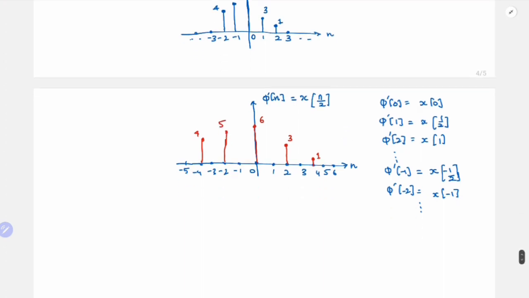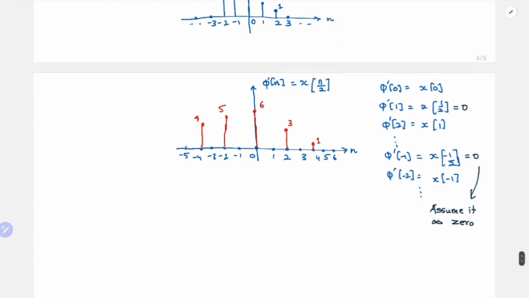So here what I do is, I can just assume these terms as 0, for simplicity, because we don't have any value at that point.